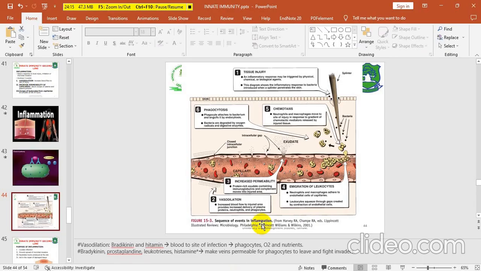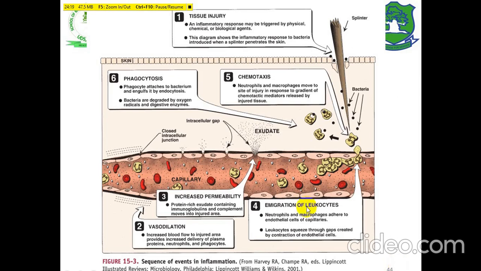So that is what we are seeing here. The white blood cells are the yellow multilobed neutrophils, and they are moving. Here there will be protein-rich exudate containing immunoglobulins and complements. Immunoglobulins and complements are released here, and they are called exudates.